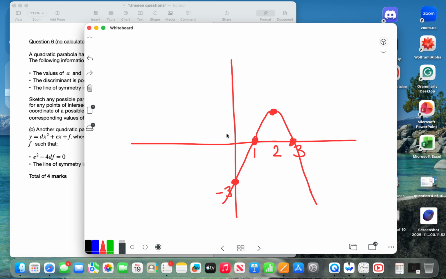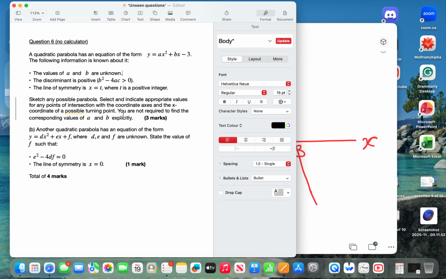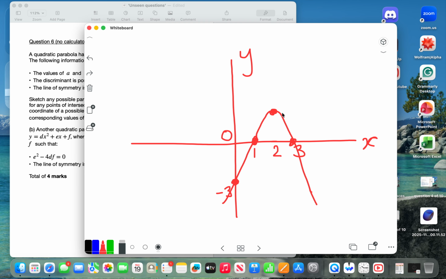I should put the origin, y, and x. Okay. We don't have to find the y value of the turning point. We just have to find the x value. We don't need the y value.